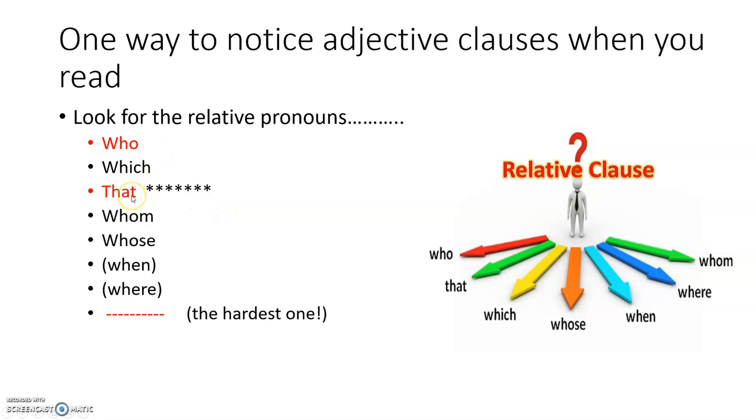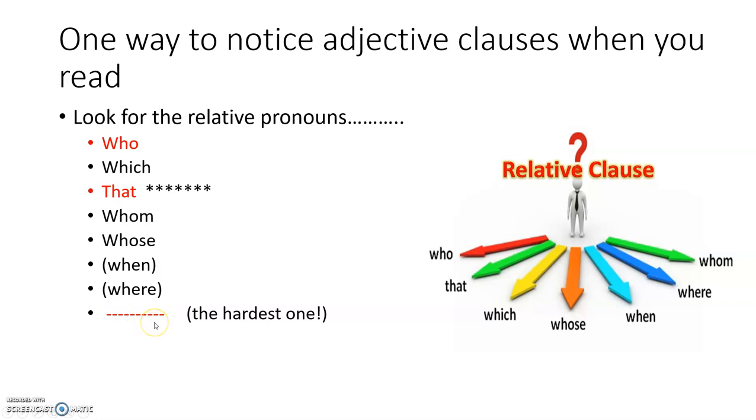Who, and especially that. Look, I put all these asterisks. This is by far the most common pronoun that we use. We also use which, sometimes whom, sometimes whose. Probably not very often, but it's possible. We can use when and where. And what is this?